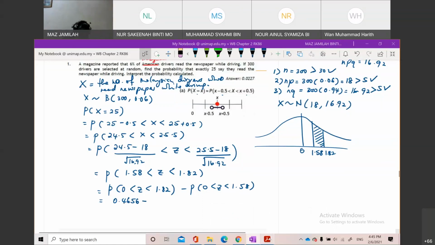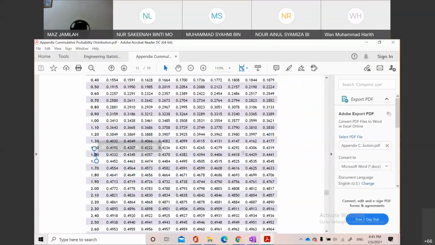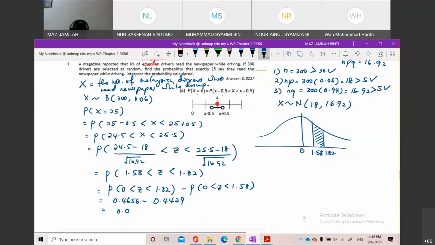You will get 0.0227, or in terms of percentage, 2.3%. So interpret the probability.